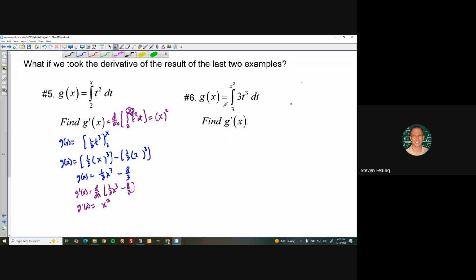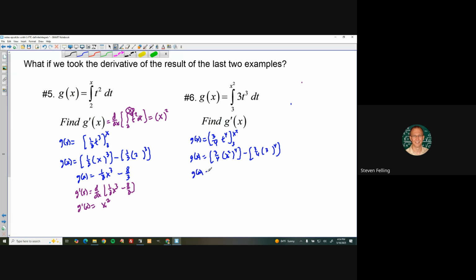Let's do the same procedure that we just did. If you take the g of x, I'm going to take the antiderivative here, which is going to be 3/4 t to the 4th, plugging in 3 and x squared. And so that would be 3/4 something to the 4th minus 3/4 something to the 4th, with an x squared plugged in here and a 3 plugged in here.